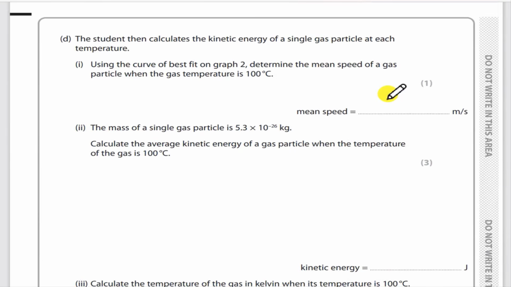The student then calculates the kinetic energy of a single gas particle at each temperature.